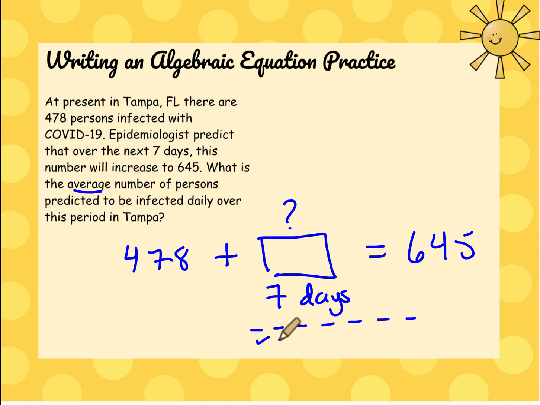So we need the same number for all 7 of those days, which means we're looking for a number that we can add the same value to for 7 days. So we need a variable for that daily increase. So I'm going to let it be D. So D is going to be my average daily increase.